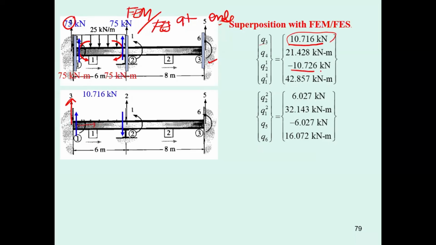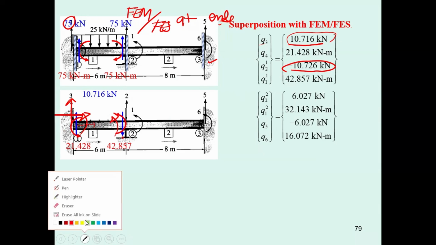This is going to be minus of this one. And then this is going to be the moment and positive. That's going to rotate in this direction and rotate in this direction. You can see, rotate in this and rotate in this direction.